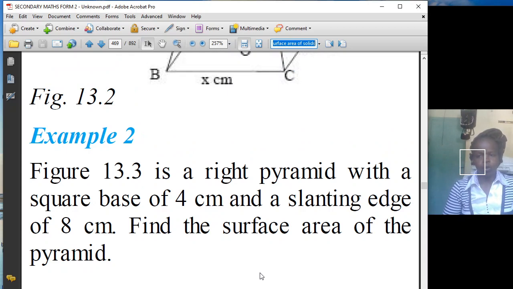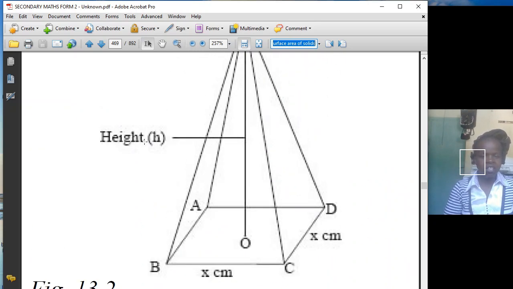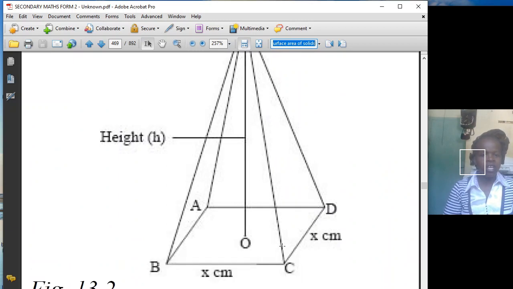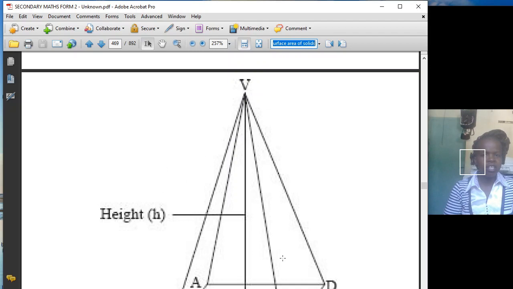So there's an example here, a worked example on how to get the surface area of a right pyramid with a square base of 4 centimeters. The slanting edge is measuring 8. Slanting edges, if I refer to this example, are VA, VB, VC, and VD.